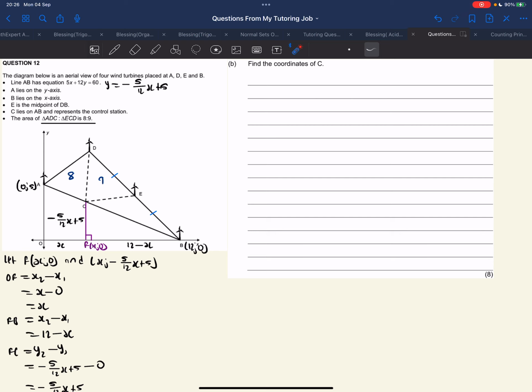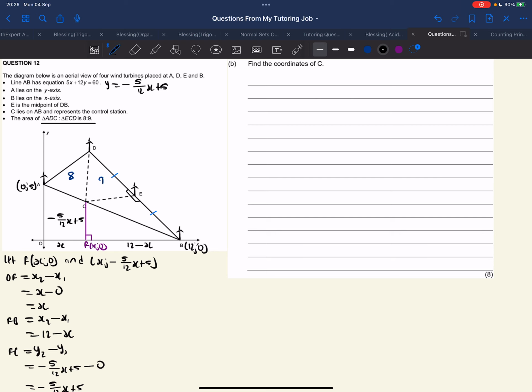Now to find the area of triangle ECB, we're going to need to prove that triangles ECD and ECB are congruent, because I can see that there is a common side. We know that DE and EB are equal to each other, and we also know that there are 90-degree angles there, and a 90-degree angle there. So we can prove them.